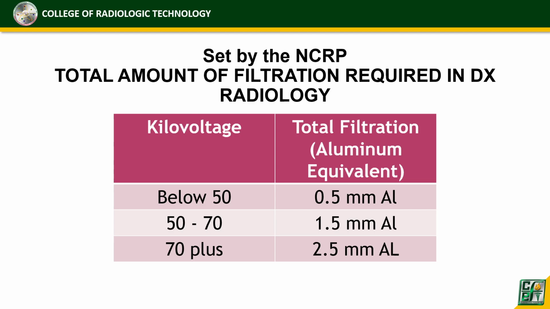Okay. Dahil ang ating mga X-ray machine ay above 70 kilovoltage, so the total filtration of our X-ray machines is 2.5 millimeter aluminum equivalent. Okay? So yan yung total amount of filtration.